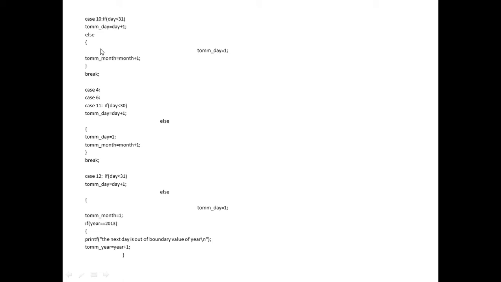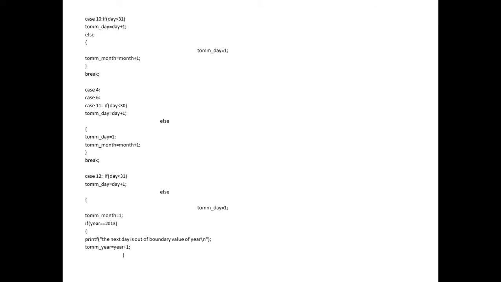So if day is less than 31, then tomorrow's day will be day plus 1, and month will be month plus 1. For months 4 and 6, April and June, if it is less than 30, then day plus 1, else you have to reset the value of date, and also reset the value of month.